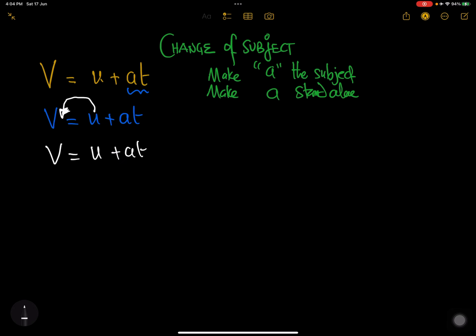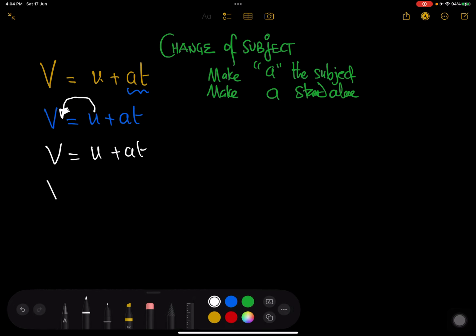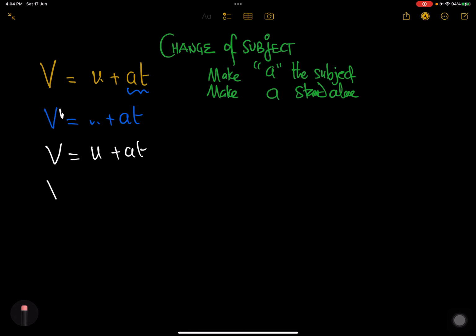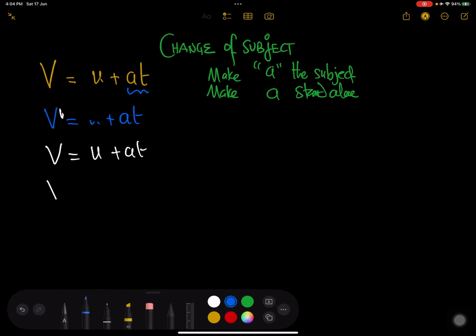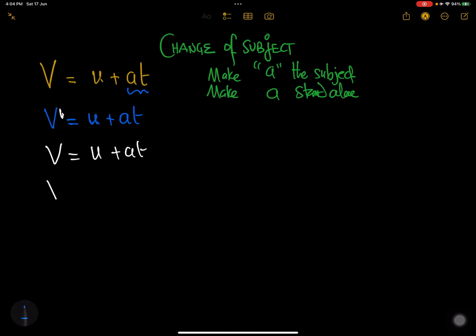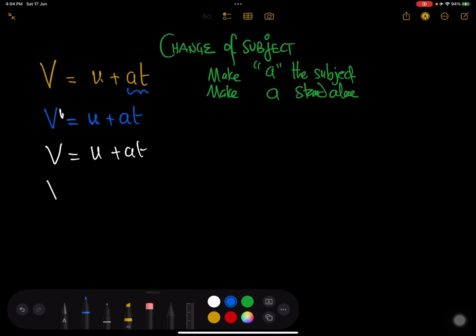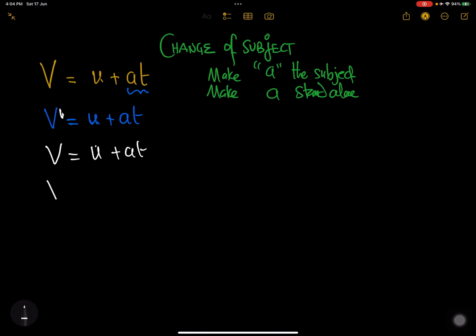We need this u to move here, because we're making a the subject. And when it's doing that, we're going to have v is equal to minus u. Why? The sign changes. The u is no longer positive.